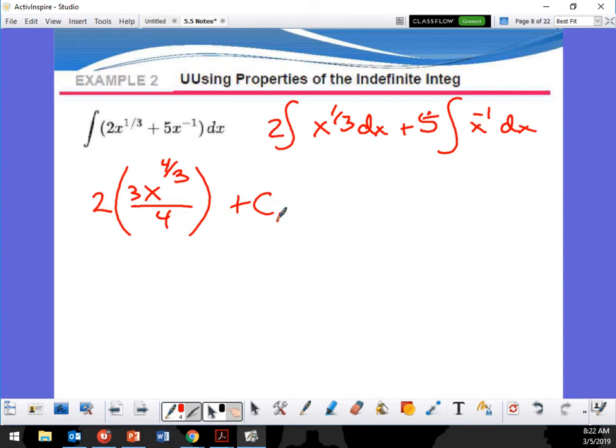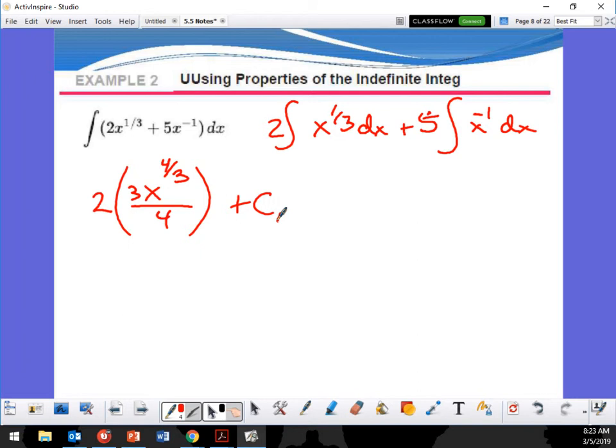Now this one right here. If I add 1 to that exponent, what happens? It's going to be 0, so x to the 0. That's a special rule. If the integration gives me a 0 exponent, it comes up with an ln x.